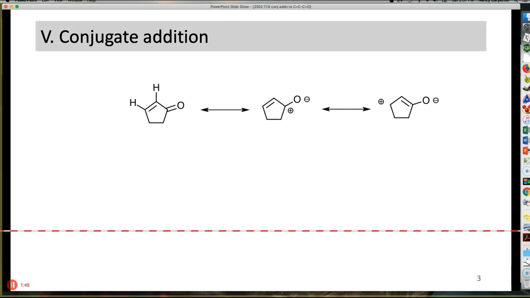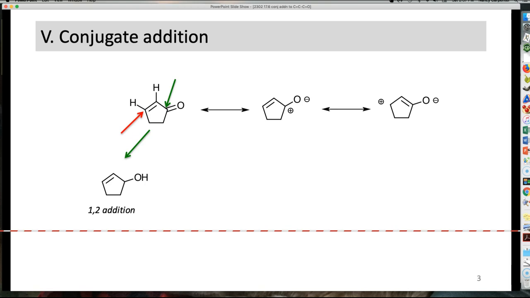Well, it's not a problem, it's just a reality. We have a carbon electrophile at that point as well. So, when we have a conjugated carbonyl, what do we have? We have two different electrophilic carbons. Two different places where our nucleophile could attack.